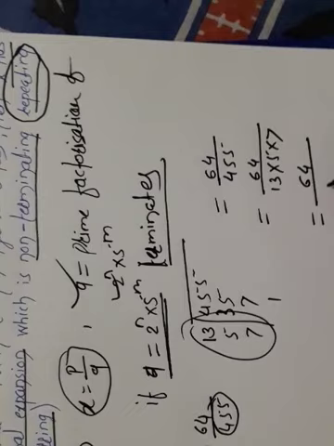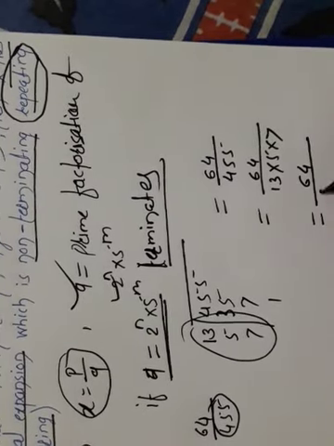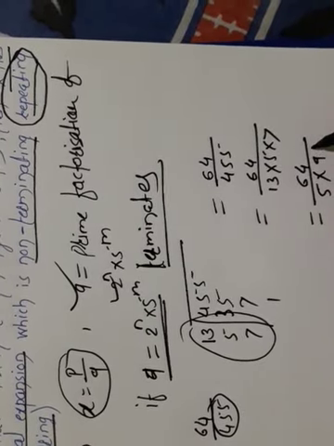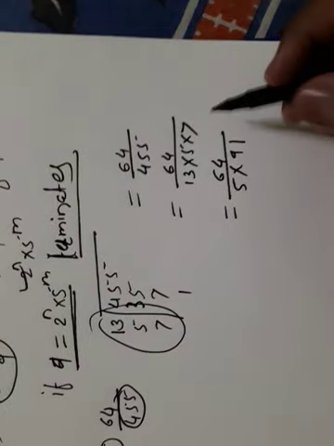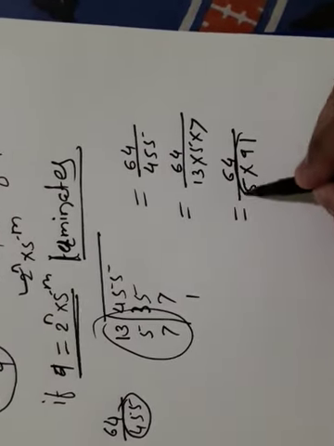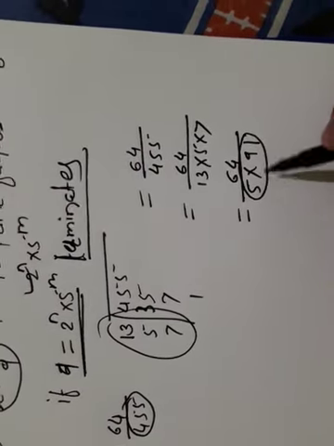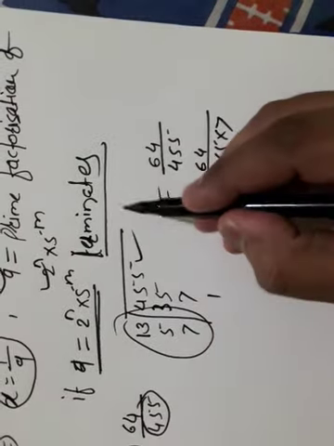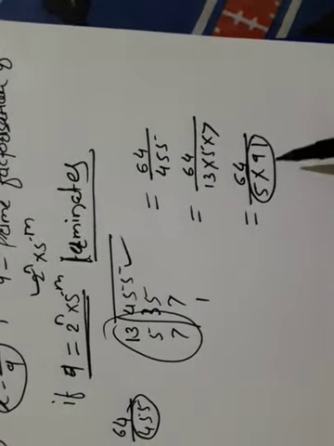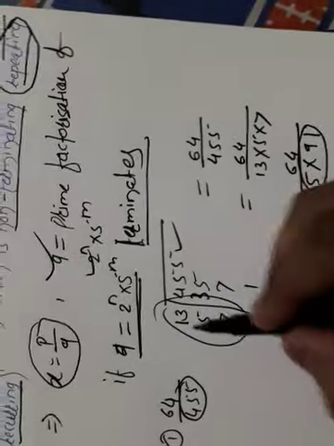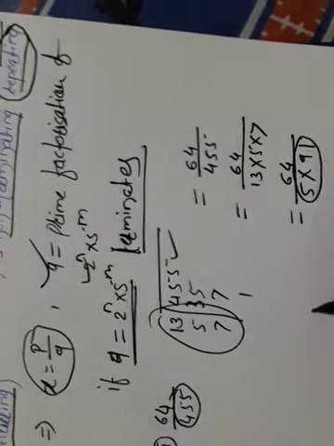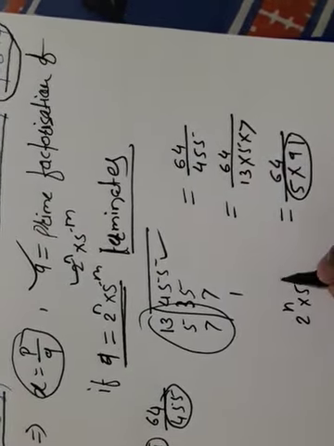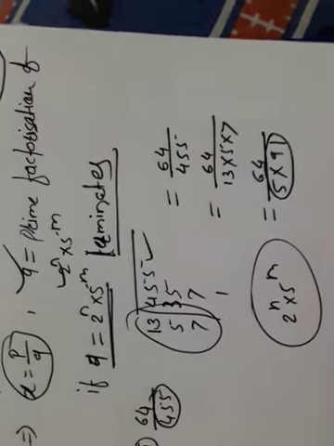See, 64 divided by 5 into 13 sevens are 91. 13 sevens are 91. These prime factors, those are the prime factors of what? 455. Those are the prime factors of 455, and those are not in which form? 2 raised to n into 5 raised to m. इस फॉर्म में नहीं है.